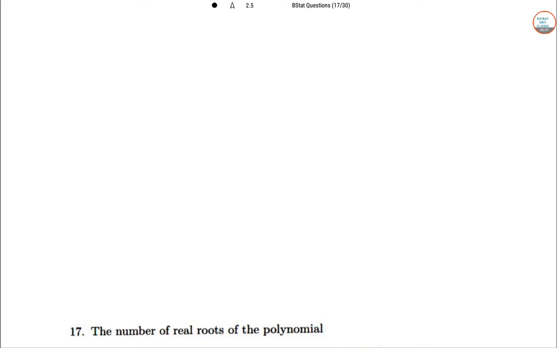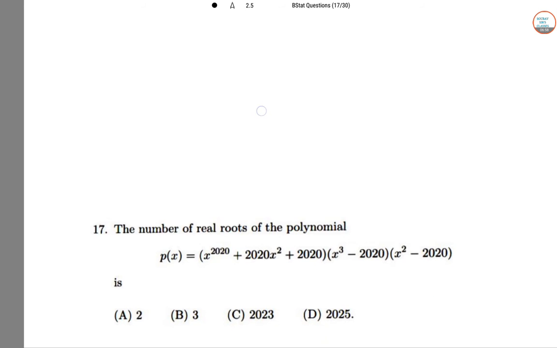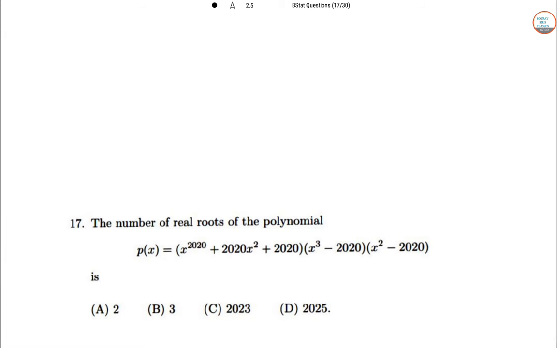Next we have a polynomial. P(x) is x to the power 2020 plus 2020 x squared plus 2020 x cubed minus 2020 into x squared minus 20. Well, a lot of 2020s here.